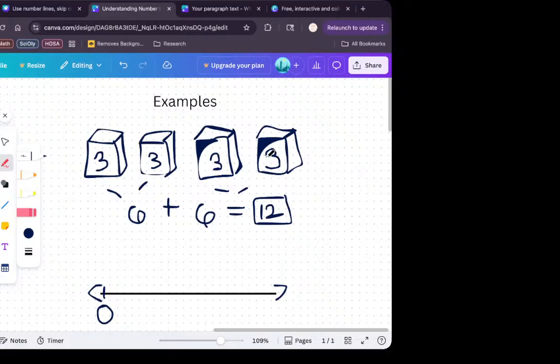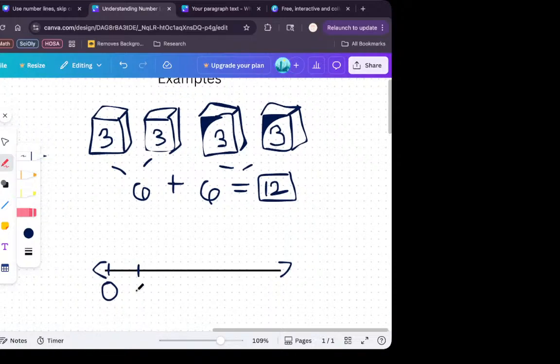Because we have 3 pens in each box, which means we are going to be counting by 3s. So each jump should be 3. So 0, 3, 6. 6 plus 3 is 9. 9 plus 3 is 12. 12 plus 3 is 15. Okay?